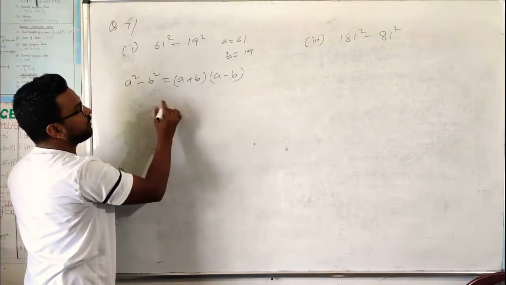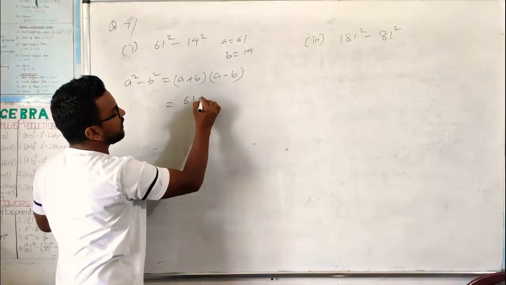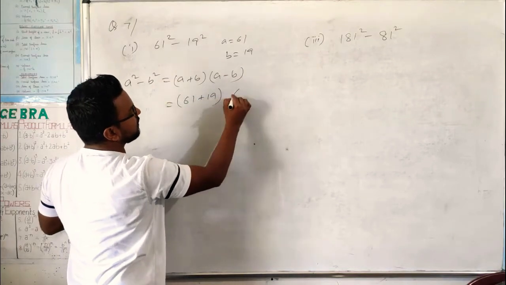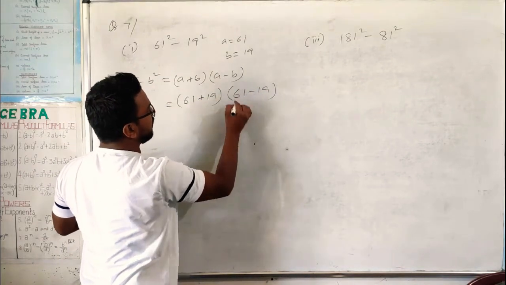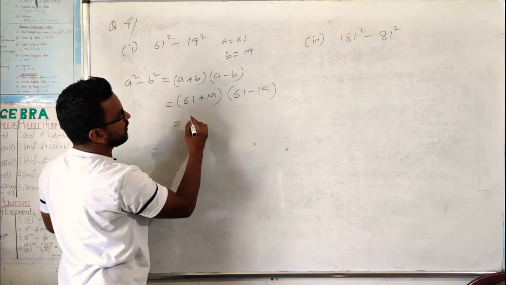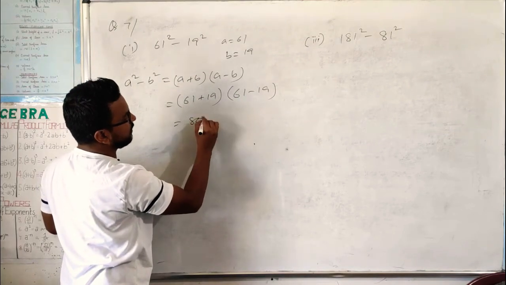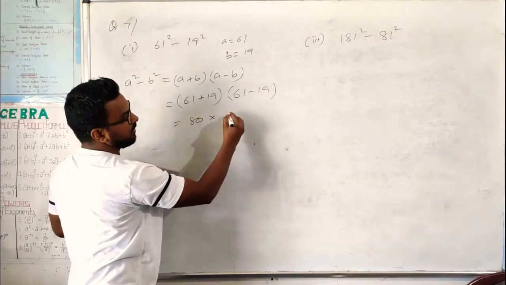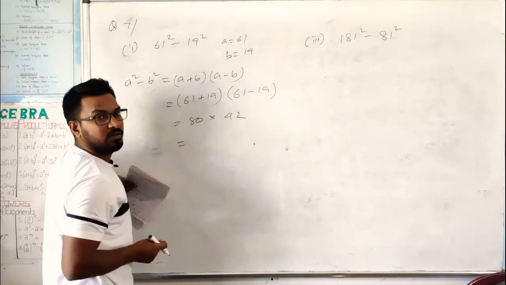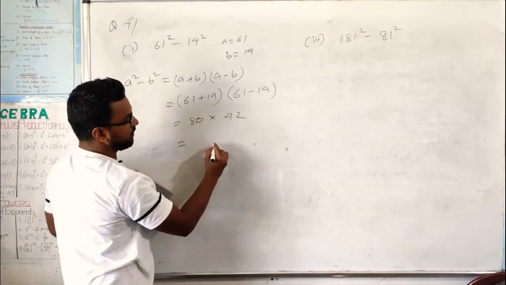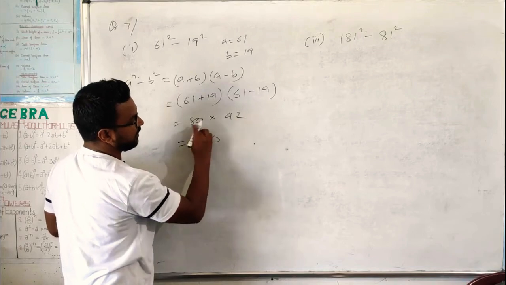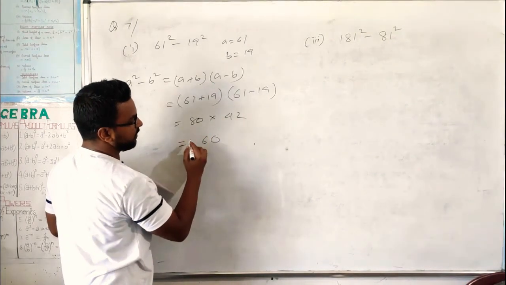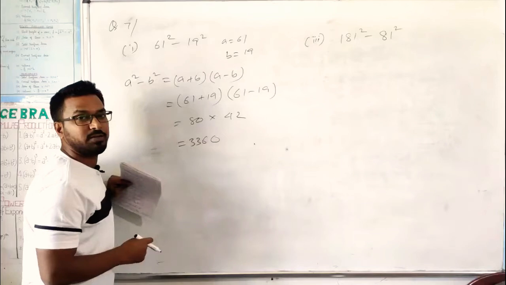So 61 plus 19 and 61 minus 19. If you add this one, you will get 80. If you subtract this one, you will get 42. So if you multiply, 8 2s are 16, 8 4s are 32, 32 plus 1, 33. This is our answer.